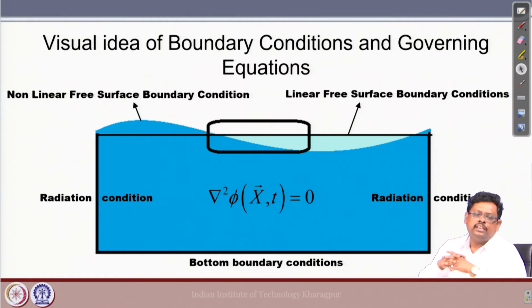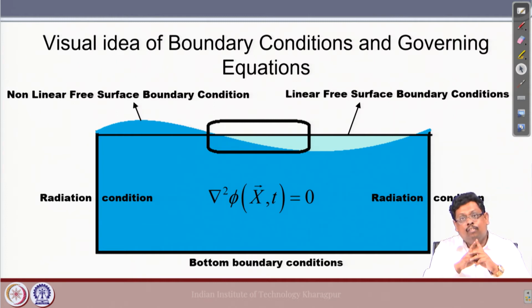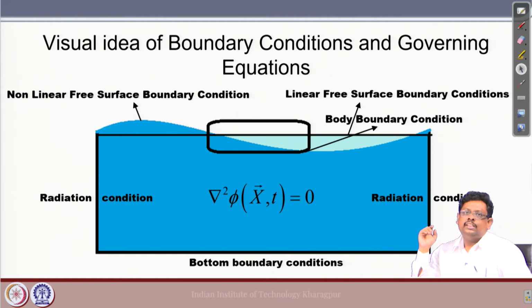What this condition is, what the non-linear free surface condition is, and what the linear free surface condition is, we are going to discuss in future classes. And one more very important boundary condition we have not yet discussed, which is called the body boundary condition.